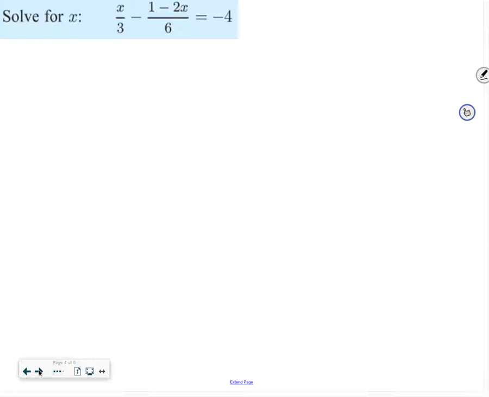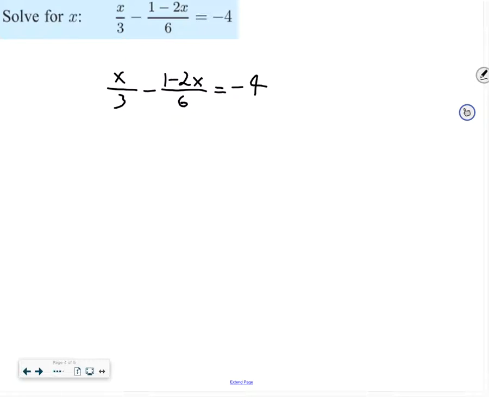So this one's unique because we have 2 fractions on the left. So I got to remember, as I'm trying to undo this division of 3 and 6, I want to multiply something to the side that's going to alleviate both of them. Okay, so if I always do it by the larger of the two, if they're common factors, it'll get rid of both of the denominators.